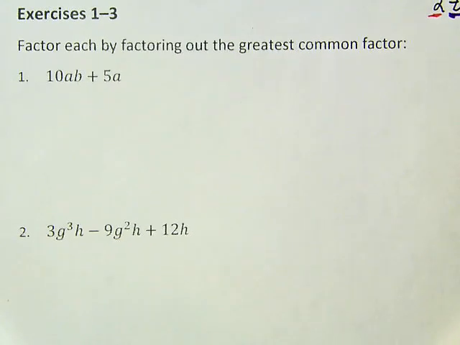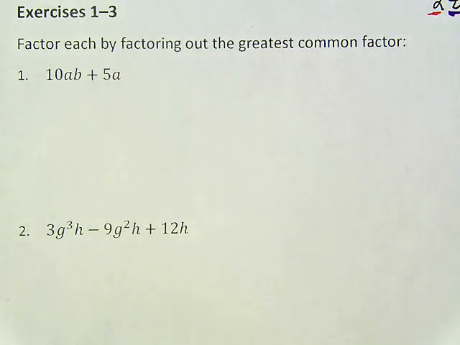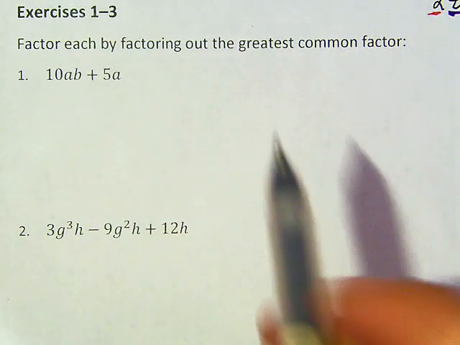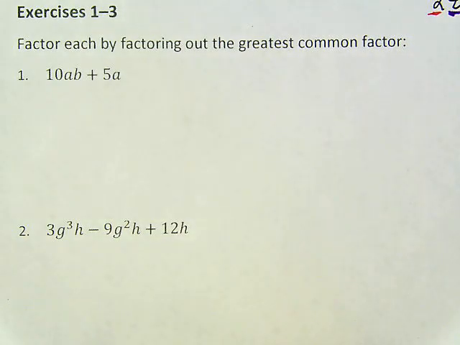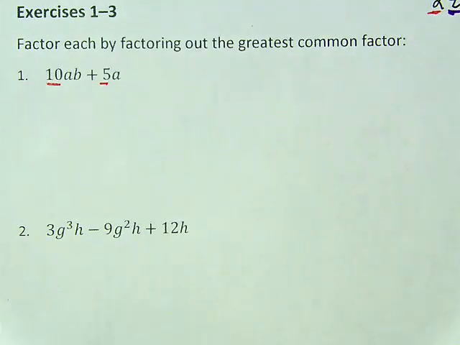And that's what we're going to do for this very quick section over here: what is the greatest common factor for each of them? So what I want you to do is try and do number 1 and number 2. Find the GCF for each of them, okay? So here, let's look at the first part. What is the greatest common factor of 10 and 5? Well, the same idea we did over here.